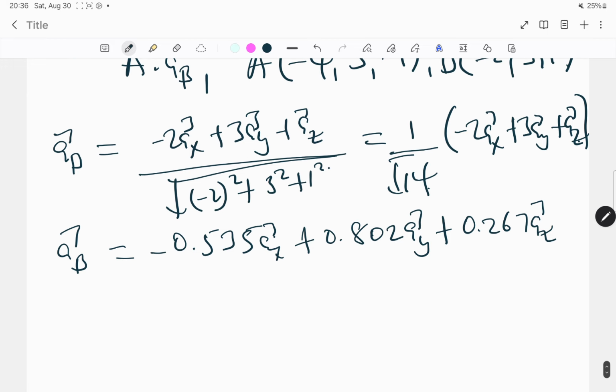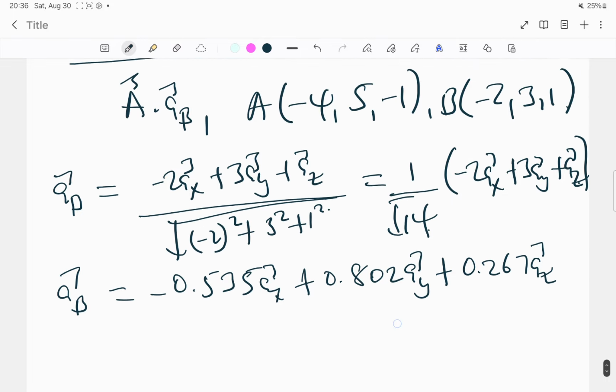Now that I've done the unit vector, let's go and do the scalar projection.